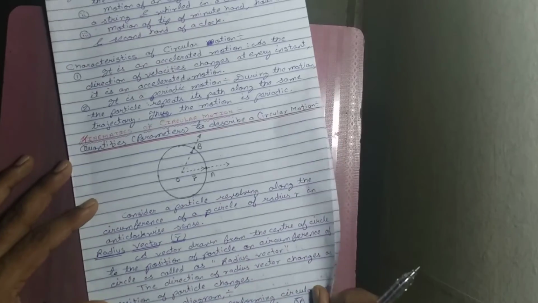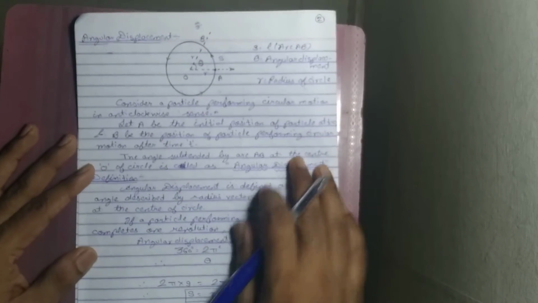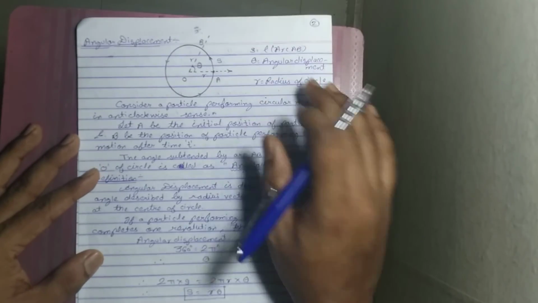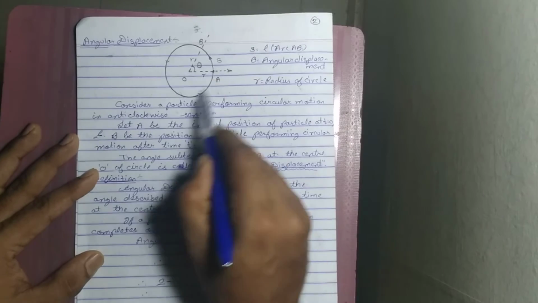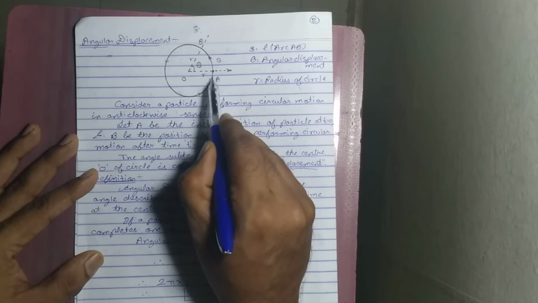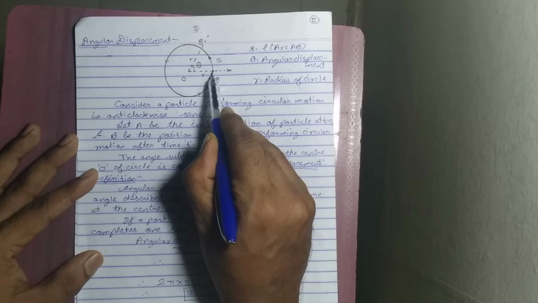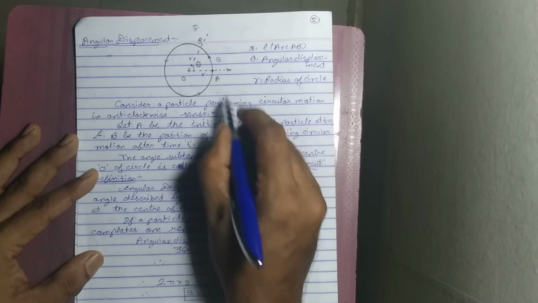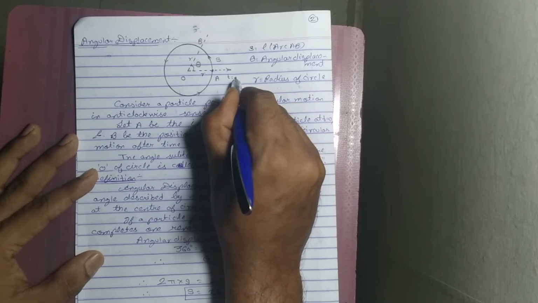Second quantity of a circular motion is angular displacement. What do you mean by angular displacement? First, let us understand the diagram. Initially the object is at point A at time t equals 0 second.